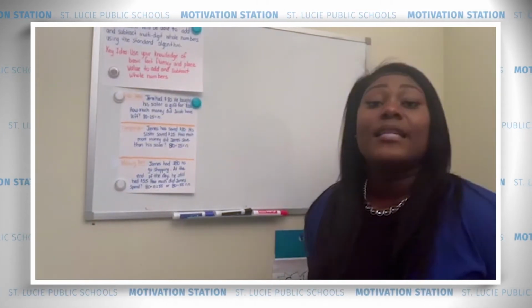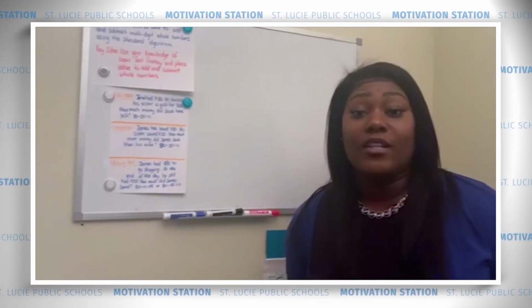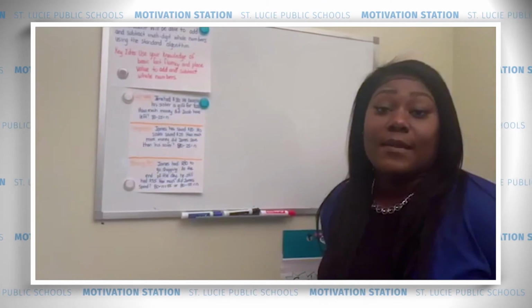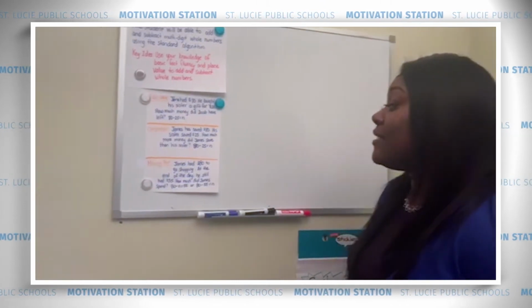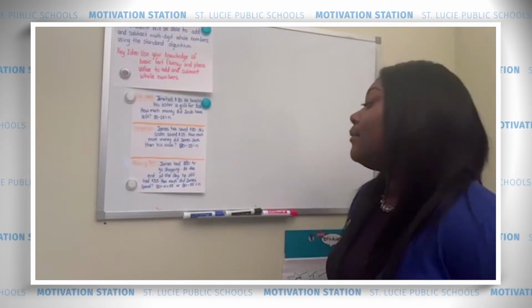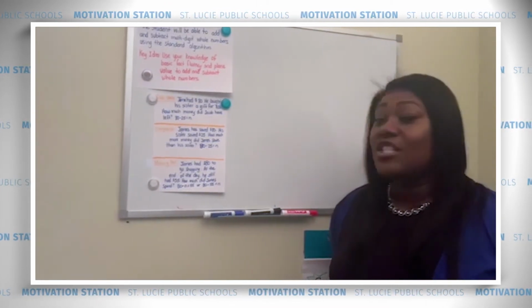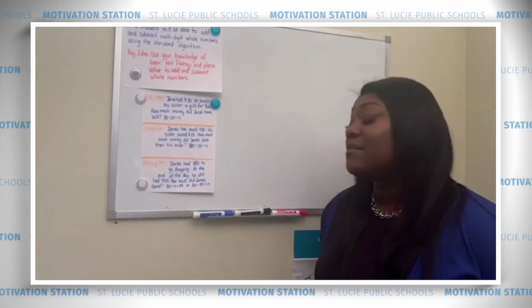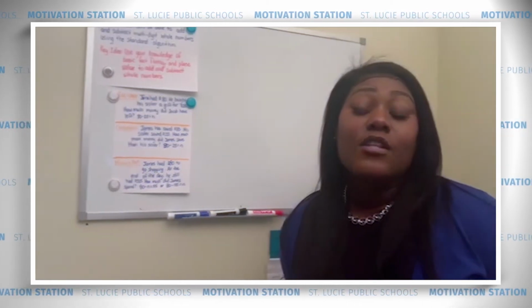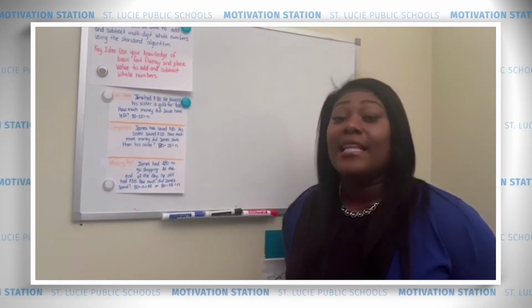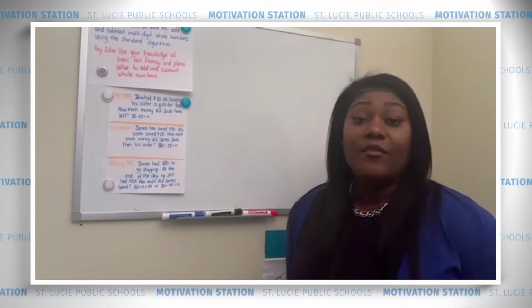And last but not least, we have the missing part subtraction problem. And here's an example of those types of problems. Ms. Owens had $80 to go shopping. Ooh, I love shopping. At the end of the day, she still had $55. How much did Ms. Owens spend? So you have to think about the amount of money that I started out with, and at the end of the day, how much money I have now.